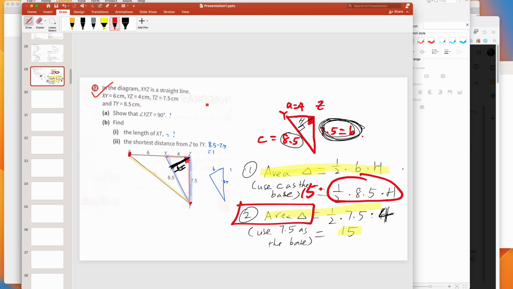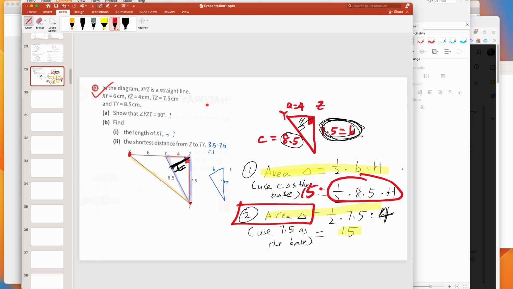Give yourself a simple example. 6 equal to 2x. How do you find x? From 2x to x, how to find x? Yes. So 3 is equal to x. Correct.